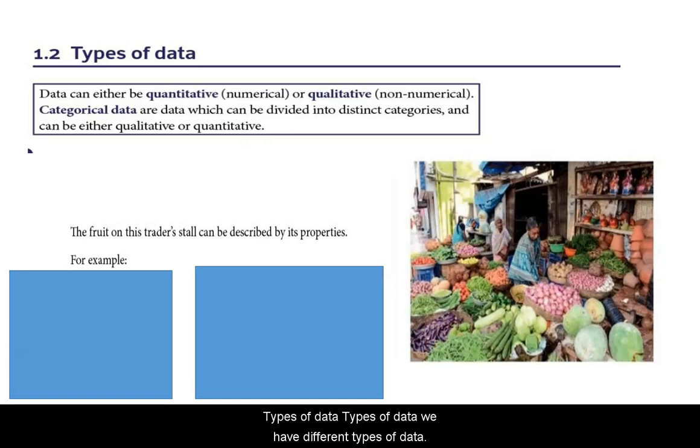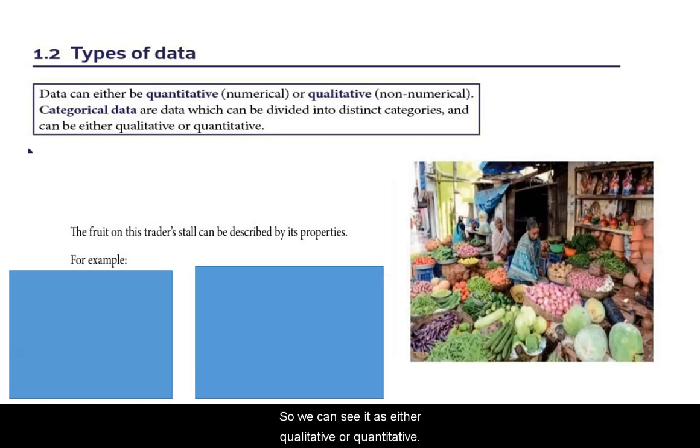Types of data. We have different types of data. Data can either be quantitative or qualitative. When data is quantitative, it takes a numerical value. When data is qualitative, it is non-numerical. Now, categorical data are data which can be divided into distinct categories.